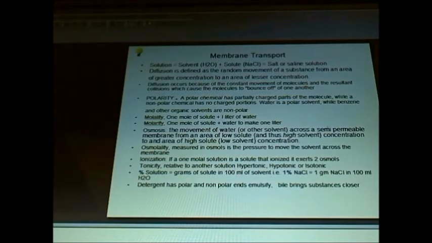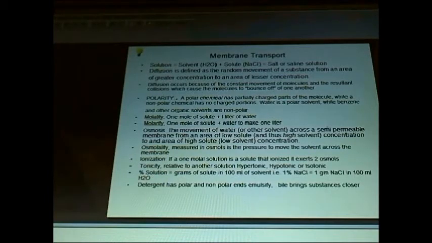If I put 58.5 grams in 1 liter of water, I come up with a 1 mole solution. However, once it's in there and it dissolves, the sodium gives 1 osmol because there's 1 mole of sodium, and the chloride gives 1 osmol because there's 1 mole of chloride. So you're going to have a 1 mole solution of sodium chloride, but it's going to be 2 osmoles.